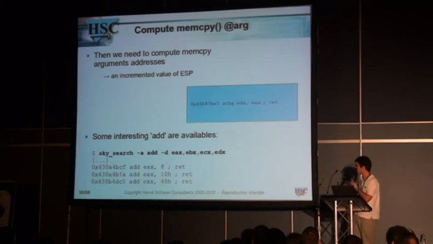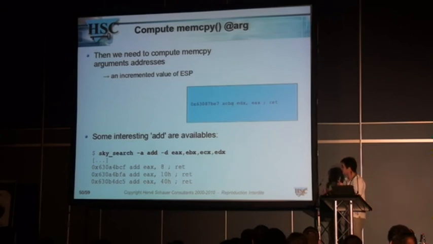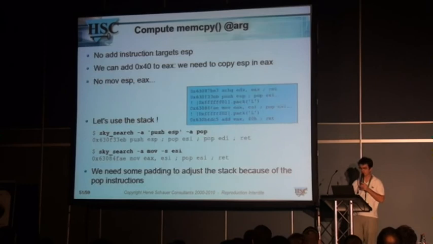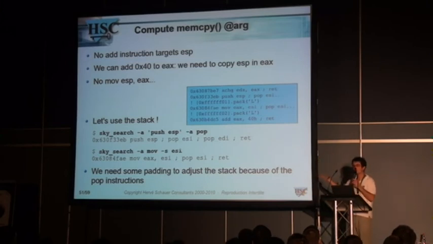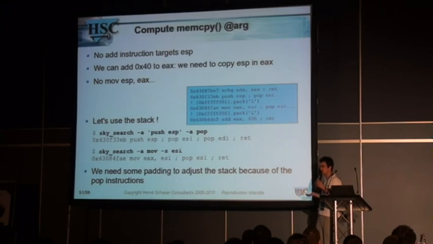Okay, so that's good. We will use this, but for this we need to push ESP into EAX. So we need to copy ESP into EAX. We won't find a mov ESP into EAX, so we will have to use the stack.